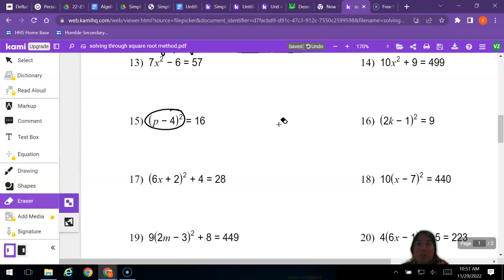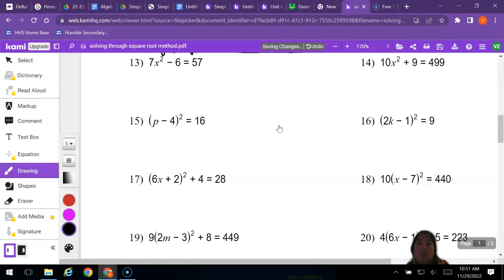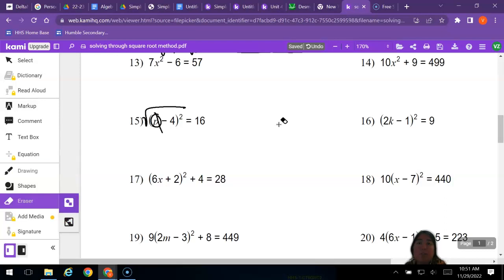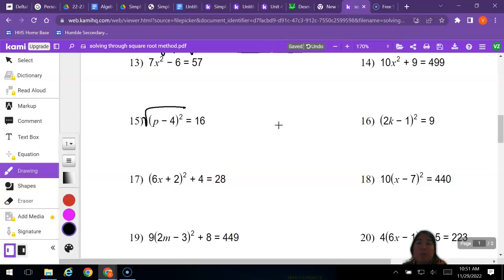So what we're going to do is take care of this guy first. So I'm going to get the square root to get rid of this so that I can move in to find p, to get p by itself. So I'm going to take the square root. I still got to take the positive, negative square root of 16.